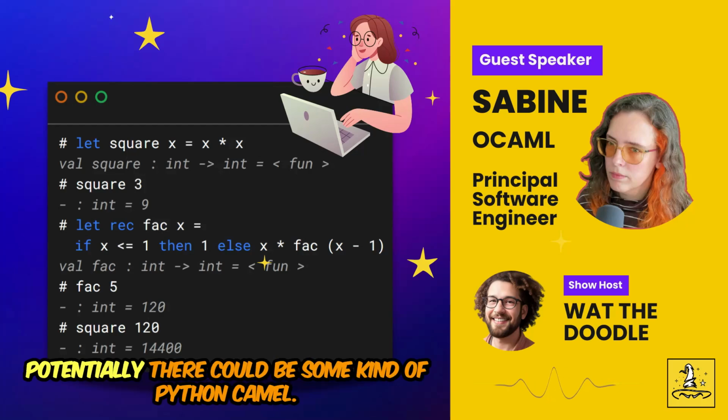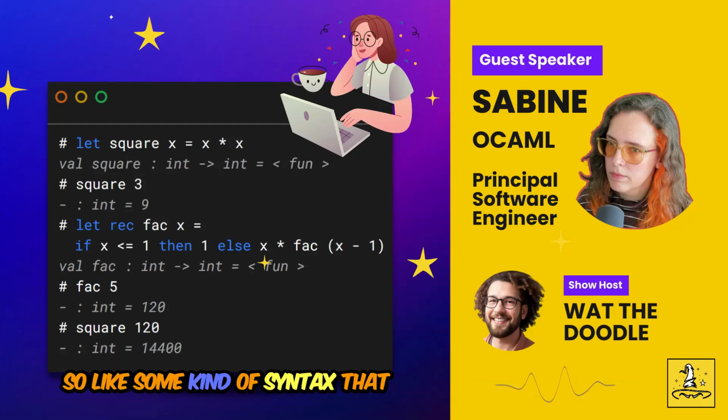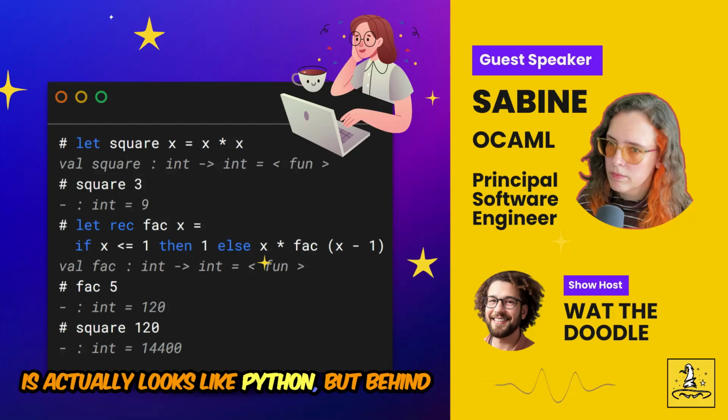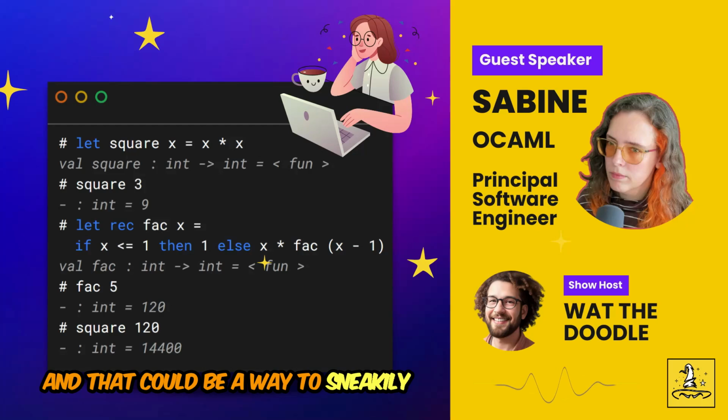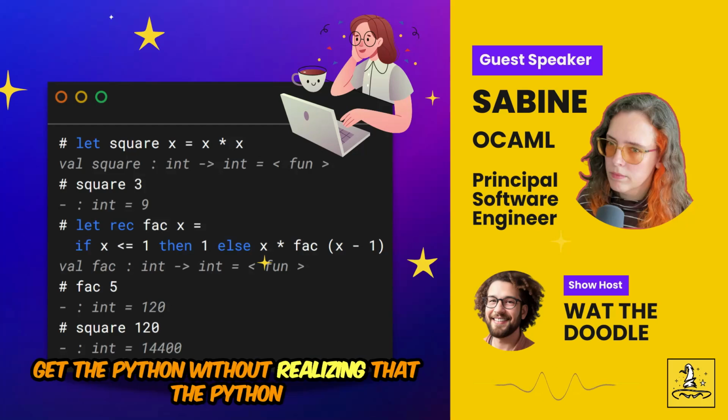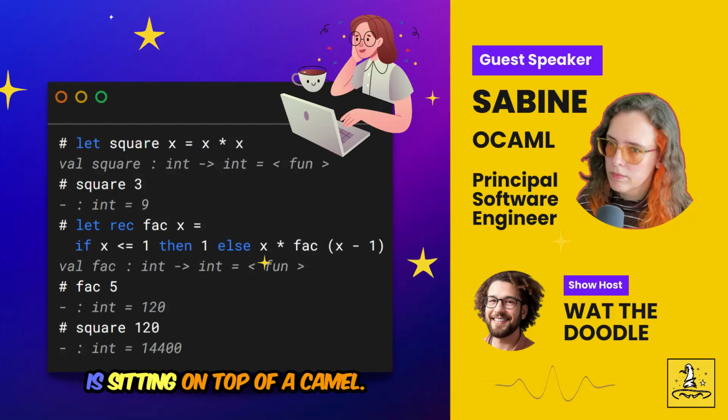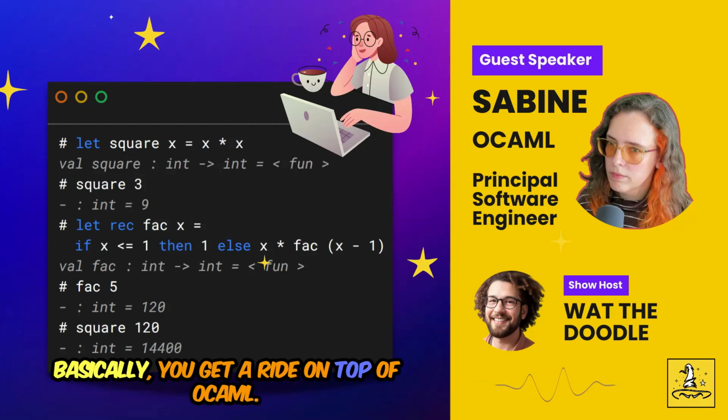Potentially, there could be some kind of Python OCaml, a syntax that actually looks like Python, but behind the scenes it just transpiles to OCaml, and that could be a way to sneakily get the Pythonistas without realizing that Python is sitting on top of OCaml.